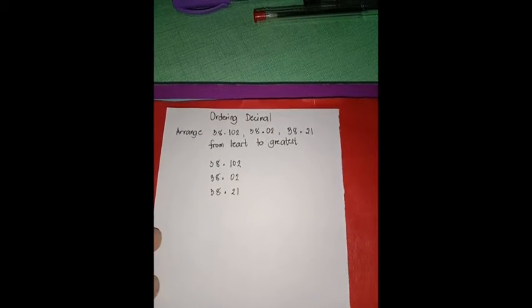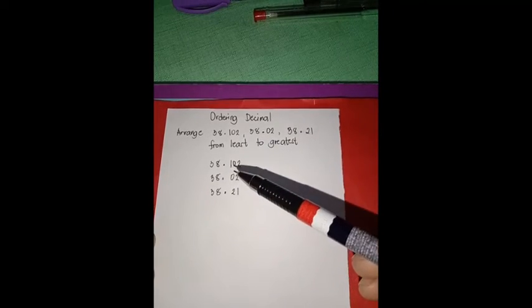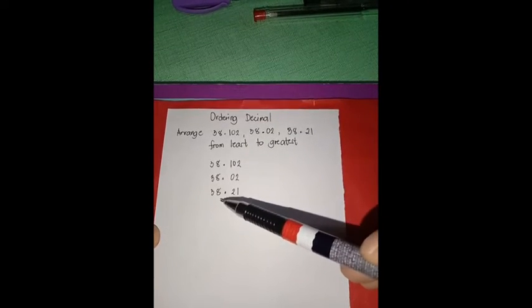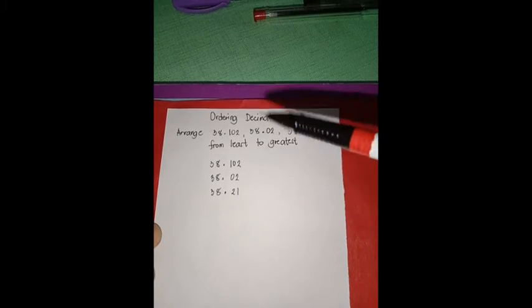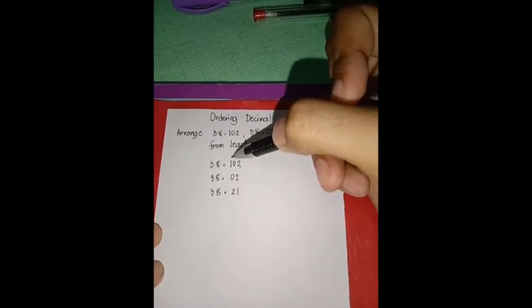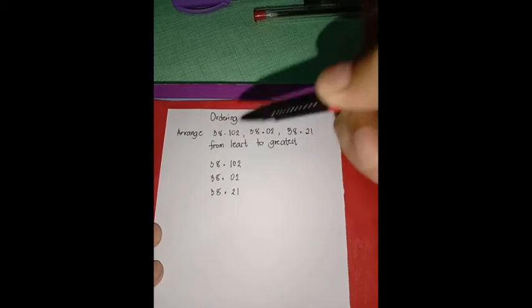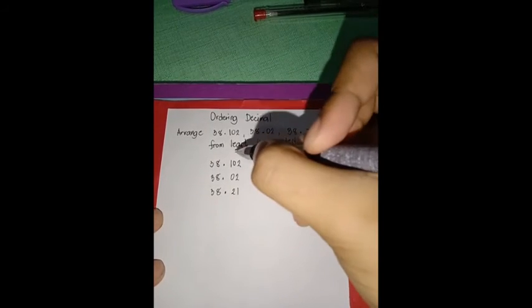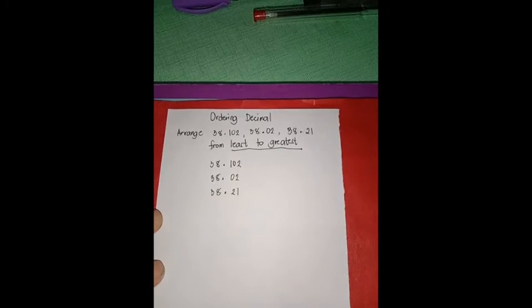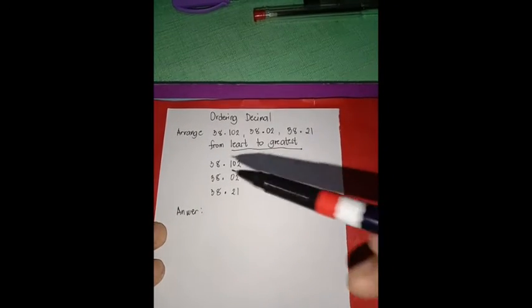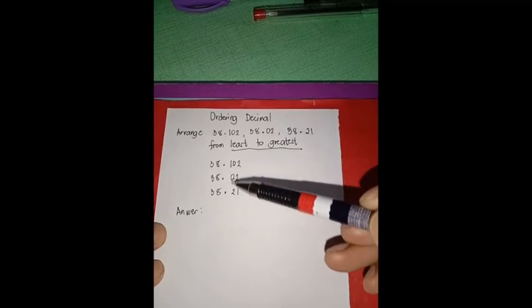Okay, now the same as with comparing, we look at the left side of the numbers. So it is 38 in all of them, which are the same. Here we will focus on the next digit. Since it is from least to greatest, we start with the lowest. We have here 0, 1, and 2.